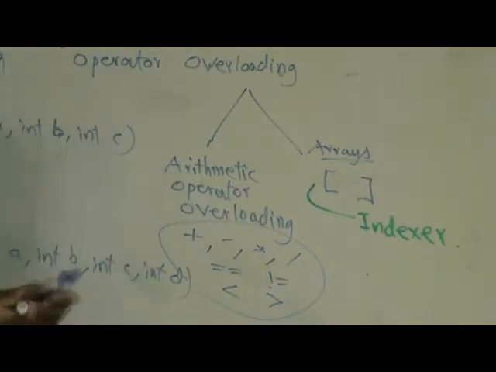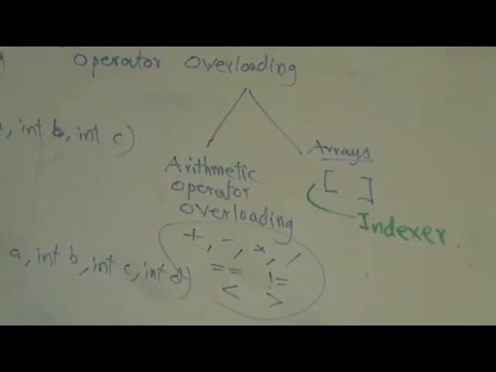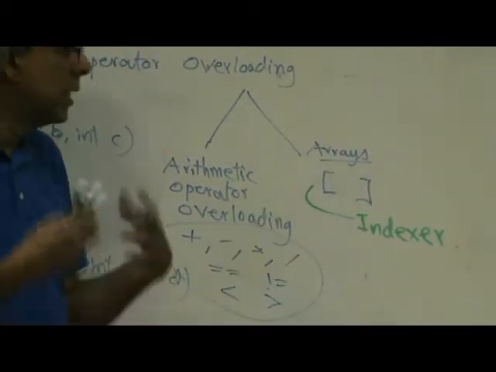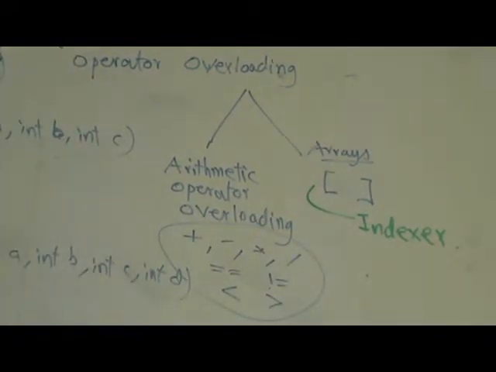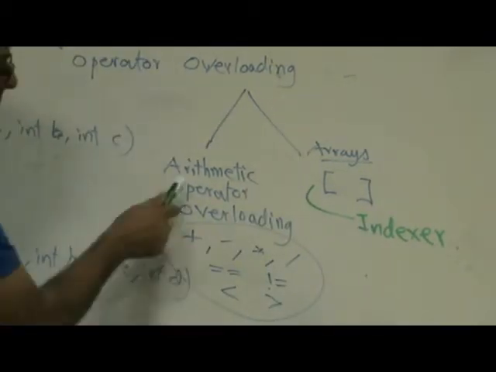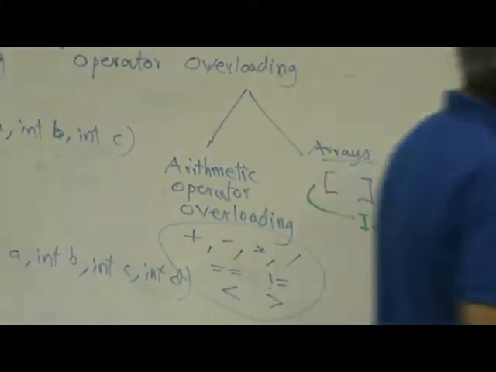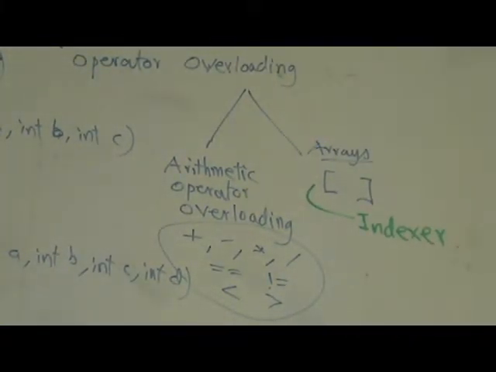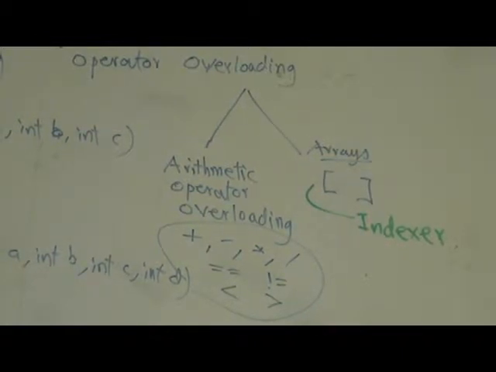Whatever index we put over here, that's the element of the array that we are trying to access. So the overloading is termed as an indexer. This is a tiny bit complicated. This is very easy. So let me at least cover this part today, show you how straightforward it is. And then next lecture we'll cover the indexer.